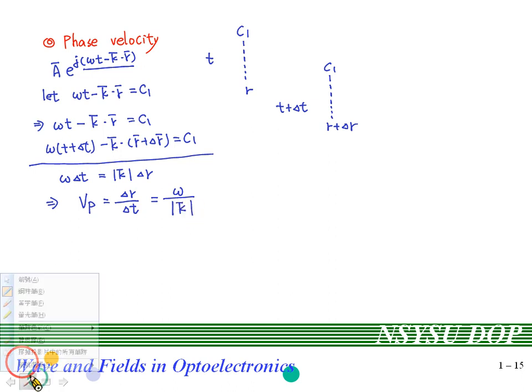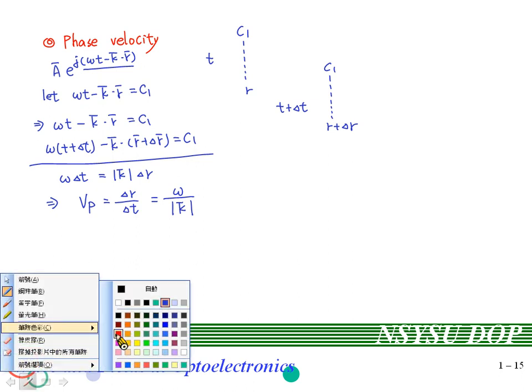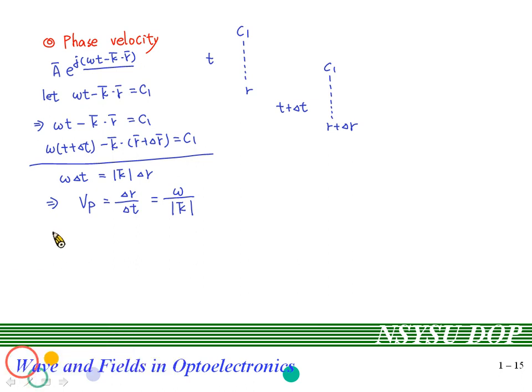Then finally, we can make a small conclusion that the phase velocity Vp is omega over k, where k is the wave number vector, or we can just call it the wave number, which is omega times square root of mu epsilon.